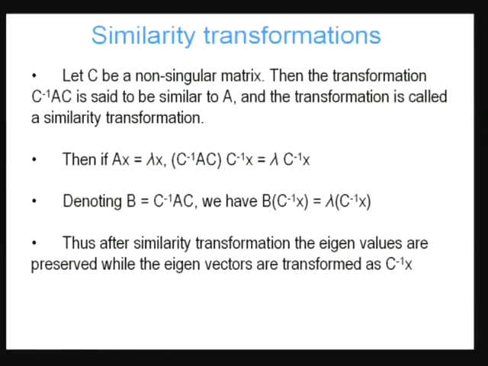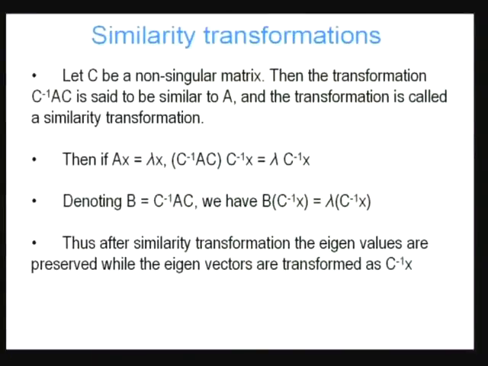C inverse Ax I can rewrite as C inverse AC operating on C inverse x, because C and C inverse, on taking the product, give me the identity matrix. So I can rewrite Ax is equal to lambda x as C inverse AC operating on C inverse x, which is equal to lambda times C inverse x.